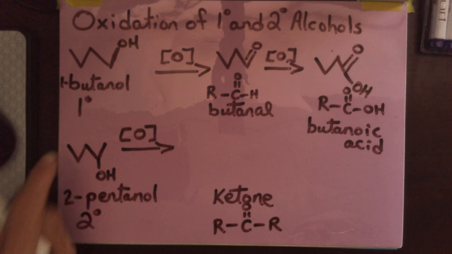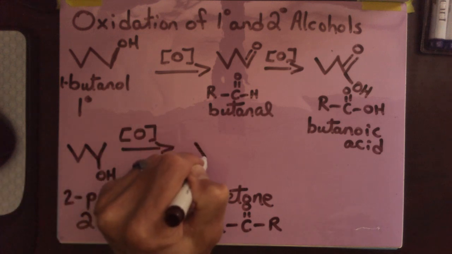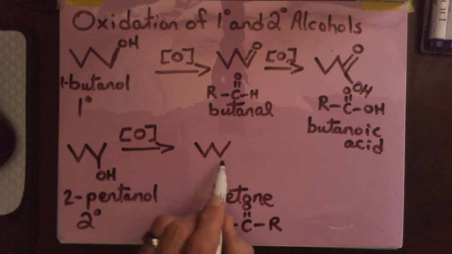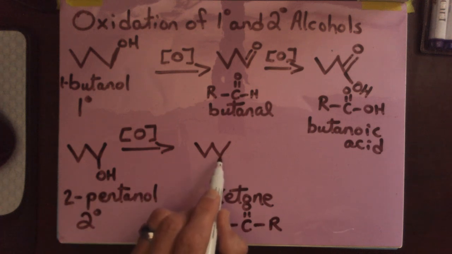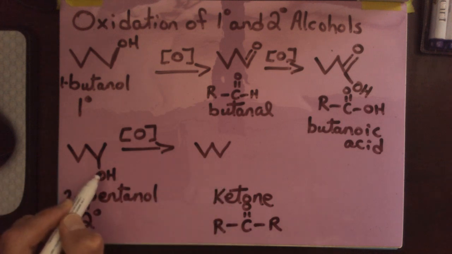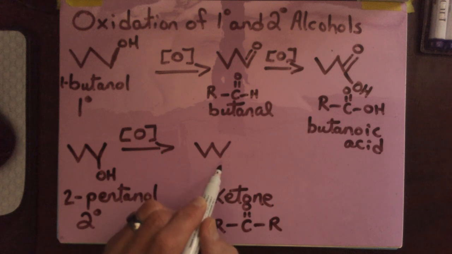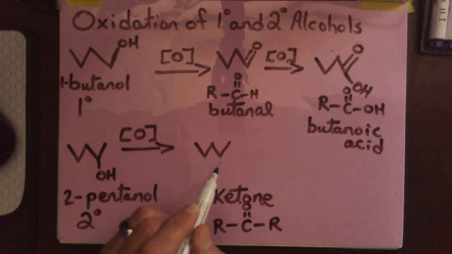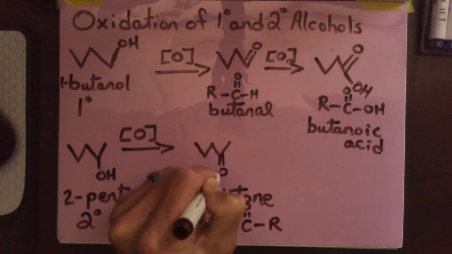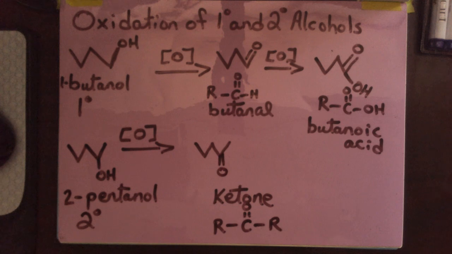So here we have, okay, that double bond is going to be formed. See, that OH is going to go away, and we're going to get a double bond there on that carbon, to make a ketone.